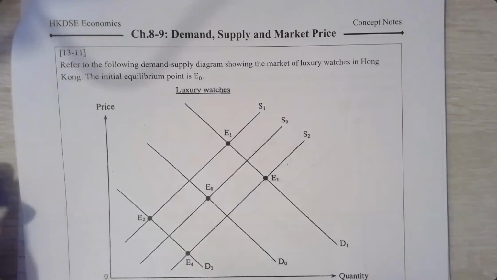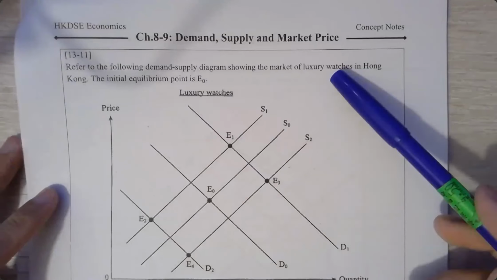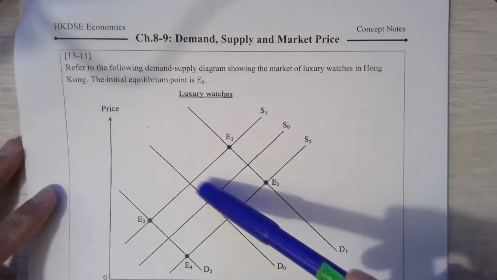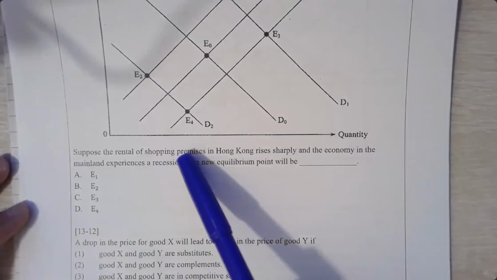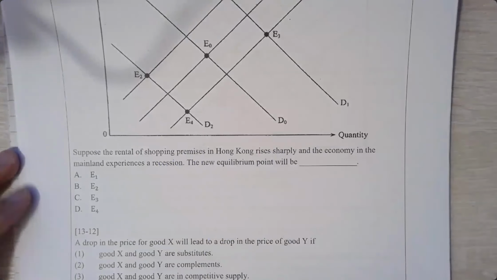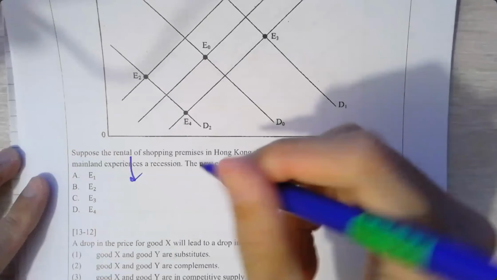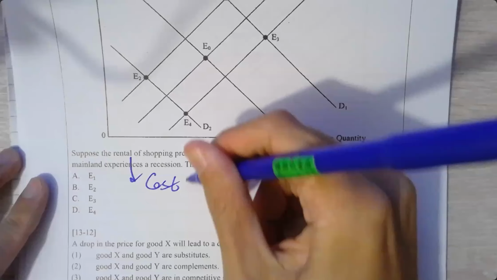OK，哎又嚟啦，做嚟做去三幅被㗎啦，見唔見啊？OK，咁啊，now show the market for luxury watches. OK，20啊，又係20開始啦。Luxury watches. Now suppose the rental of shopping premise rises sharply. 即係咩意思啊？Here, when rent increases, costs would increase.